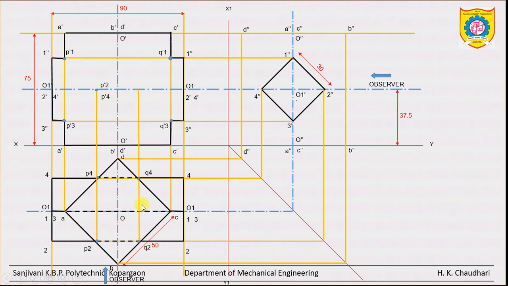Okay, now see, from Q2, after taking projection, we will get this point as Q2 and Q4. Okay, now there are rectangular faces of both prisms. Clear? Rectangular faces. When two rectangular faces intersect each other, their intersection will be a line.